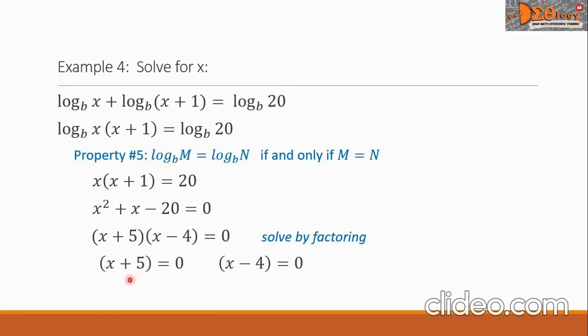We will transpose the positive 5 to the right side, so we have x equals negative 5. And for the other factor, x minus 4, we will transpose the negative 4 to the right side. We have now x equals positive 4. And these are the values of x for the given problem.